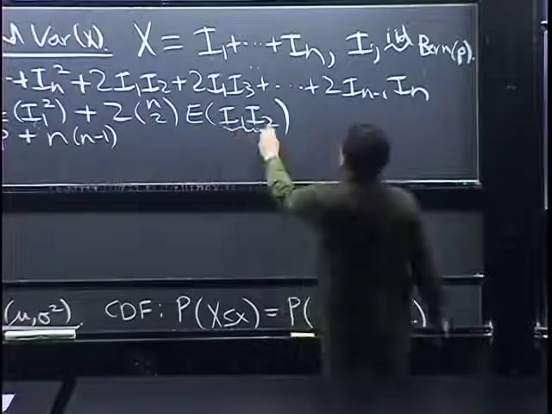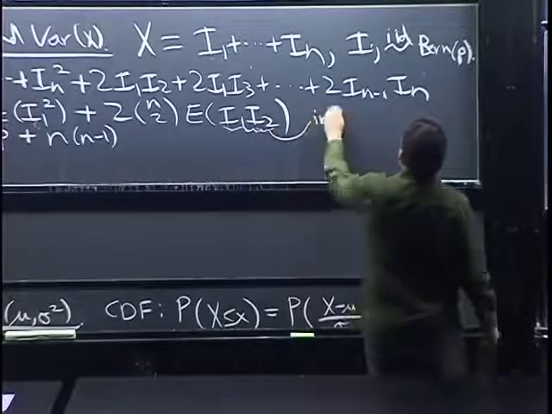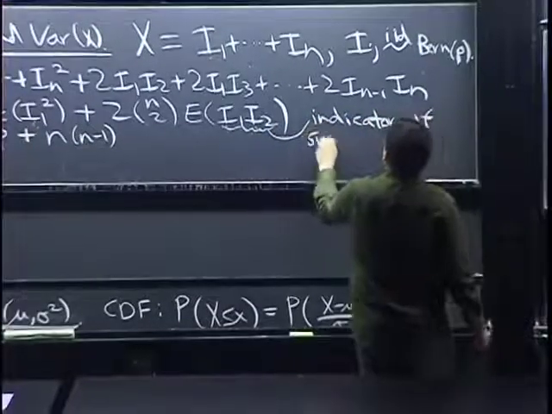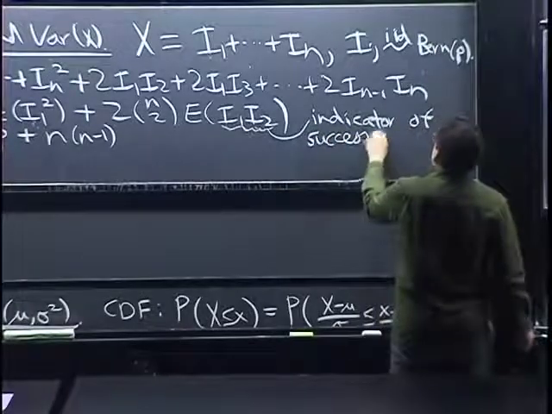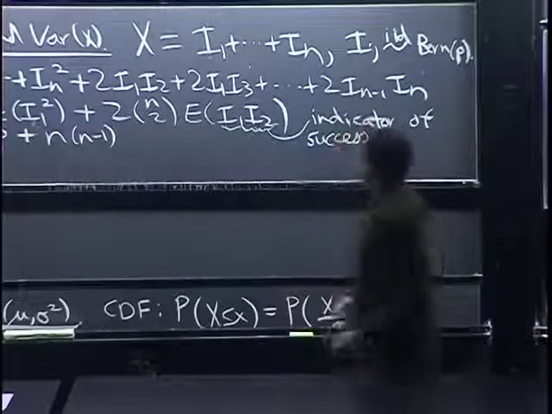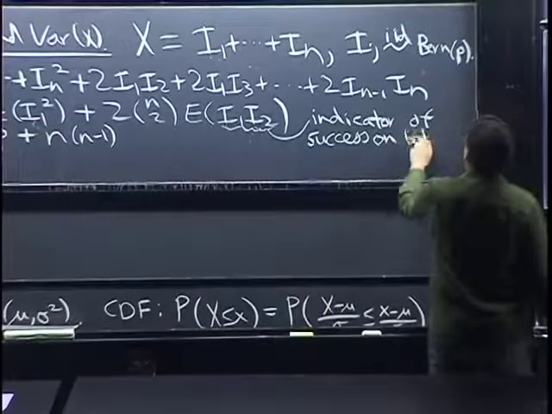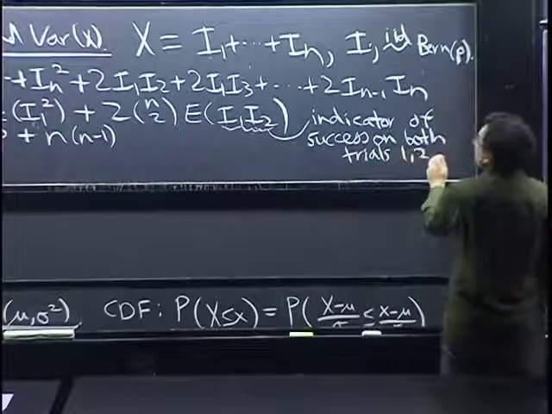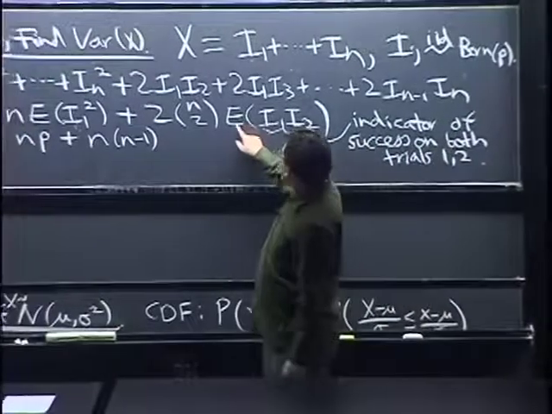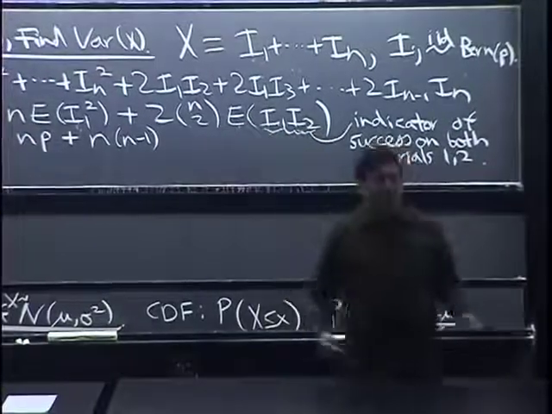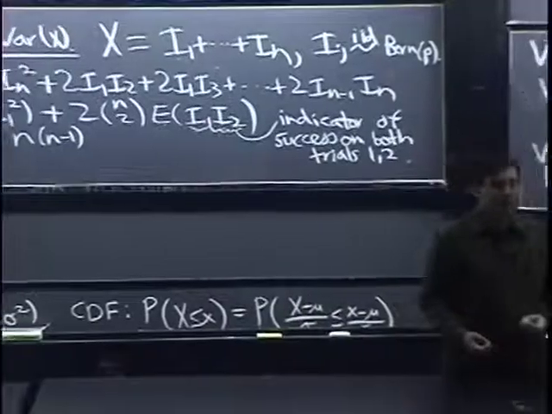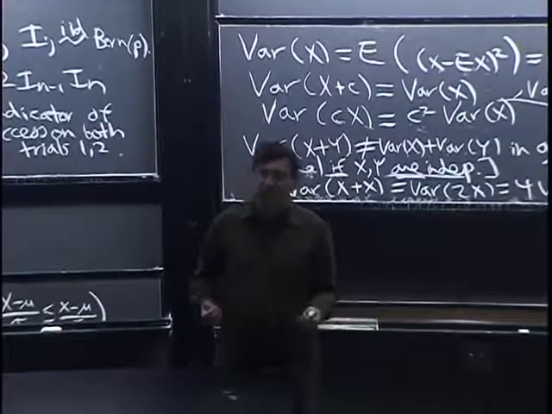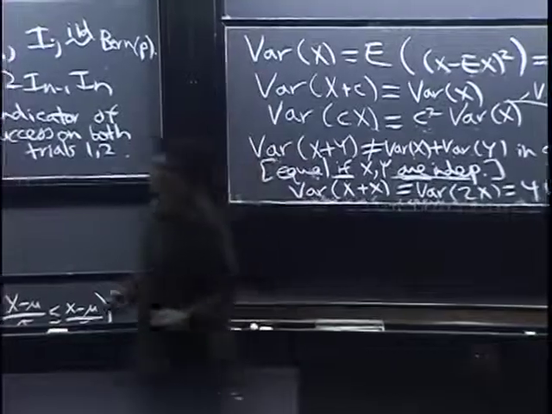So that's the indicator of success on both. So it's a product, but it's actually just one indicator. Success on both trials, number 1 and 2. So its expected value is just the probability of that happening. That probability of success on both the first trial and the second trial, because the trials are independent, is just p squared.